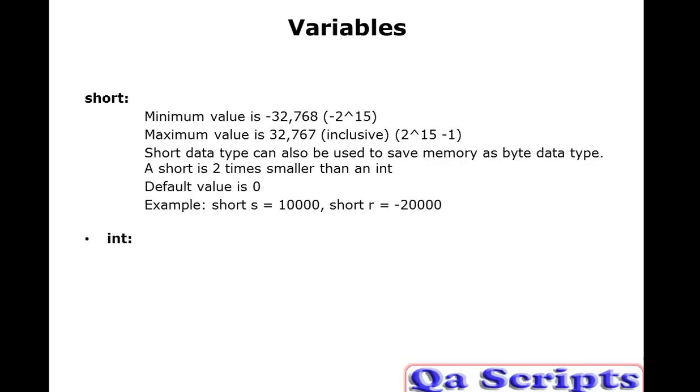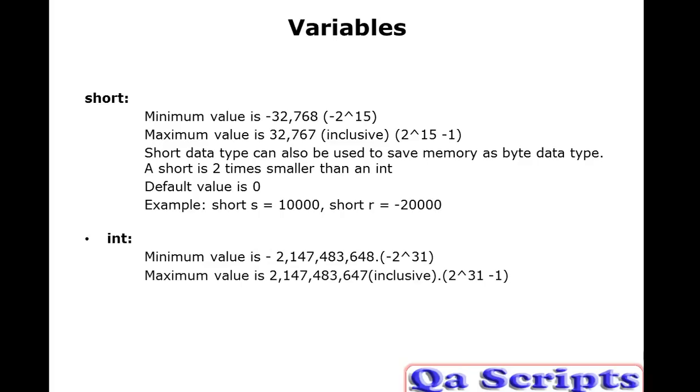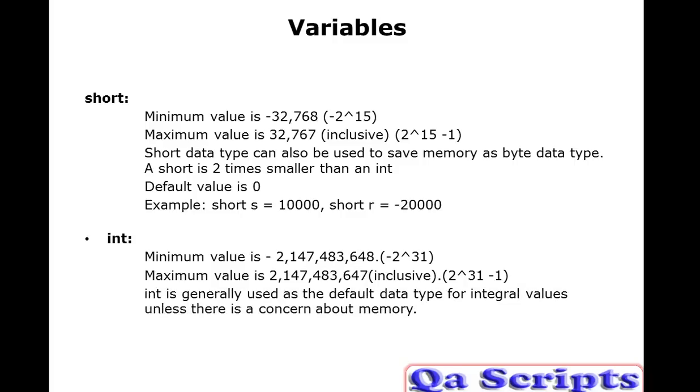Another data type is int. Here is the minimum and maximum range. Within this range we can pass integers to a variable of data type int. Int is generally used as the default data type for all integral values unless there is a concern about memory.